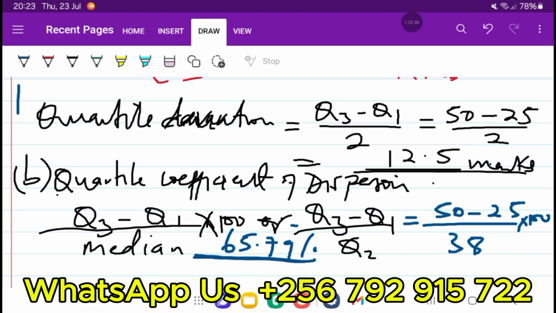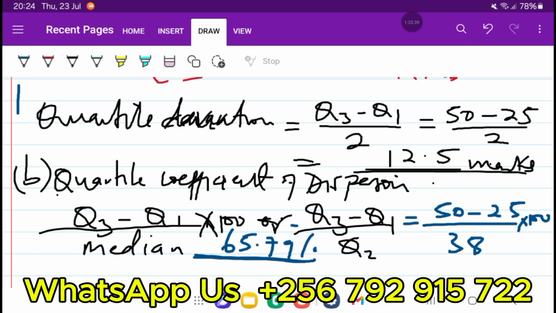The easiest way to interpret the upper quartile is that you say 25% of the students scored above 50 marks, because our upper quartile was 50, meaning that we had 25% of the students scoring above 50. Or you can say 75% of the students scored less than 50 marks. So either way you will be right.